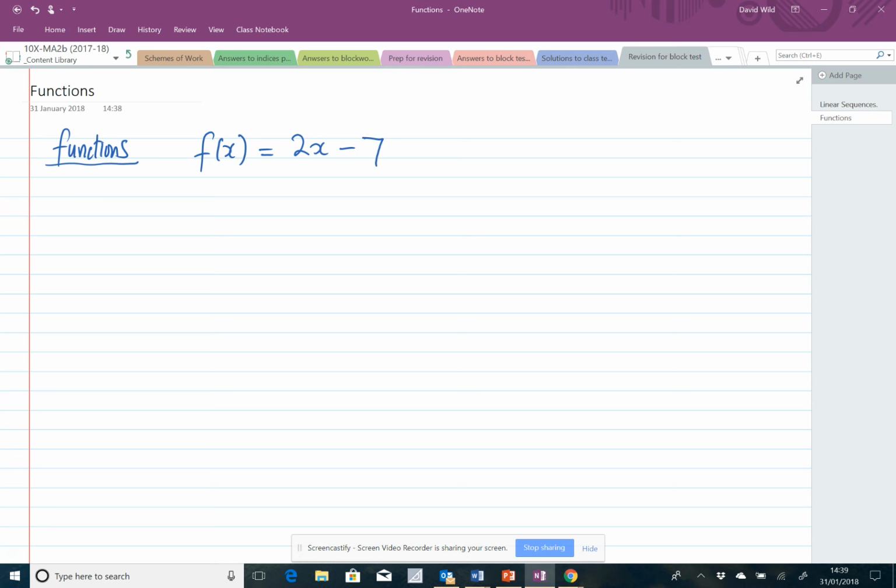Well, it means that f is some function that takes x as an input, and then the equals could be thought of as "and produces."